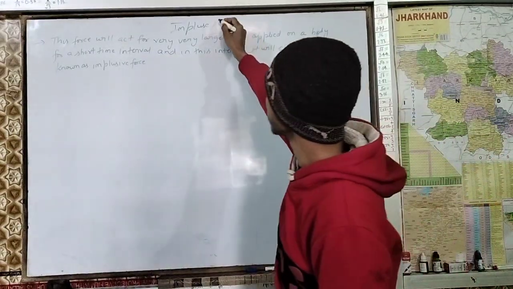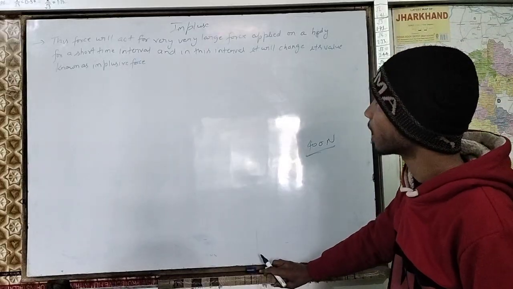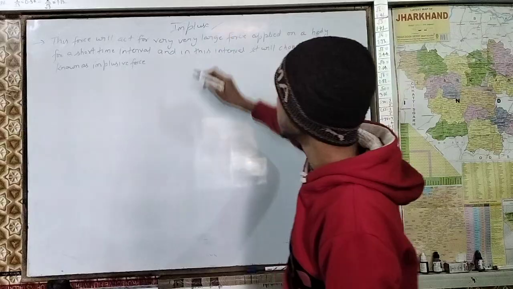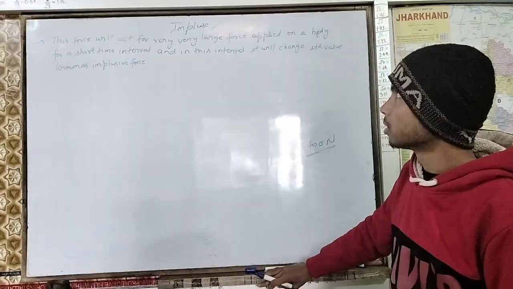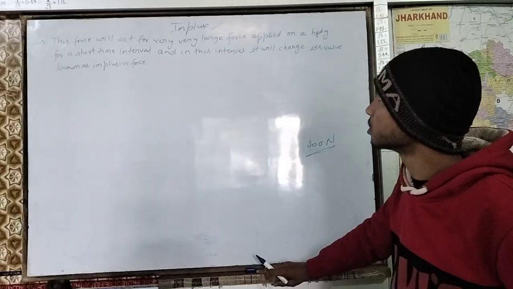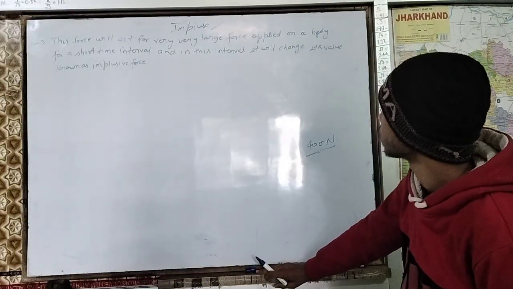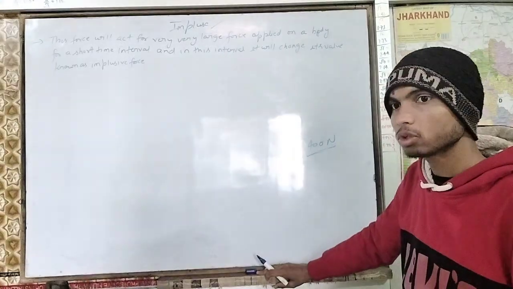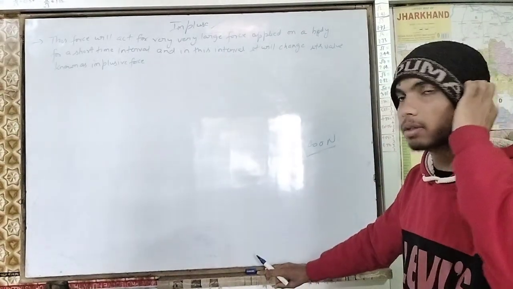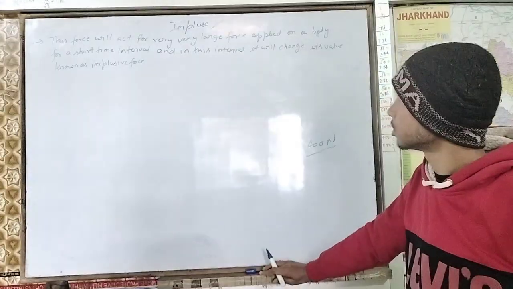This is for a short time interval, and in this interval it will change its value, known as an impulsive force. Remember, this is a force, nothing but too much force is our impulsive force. When too much force is applied on a body for a short time, it will be our impulsive force.